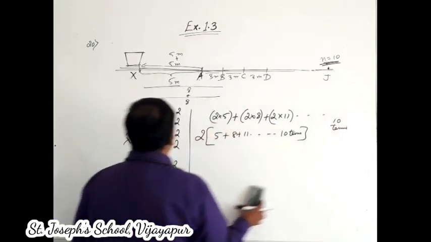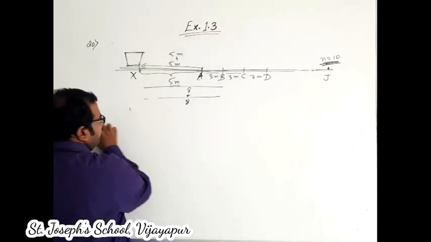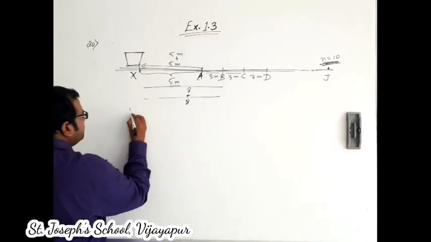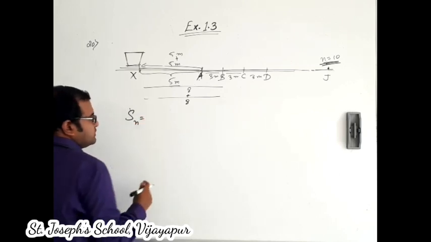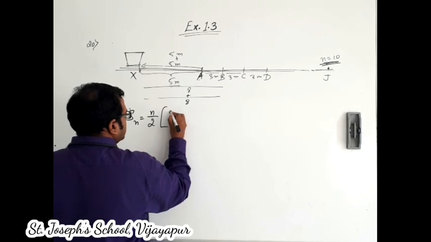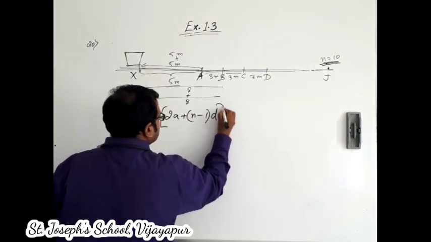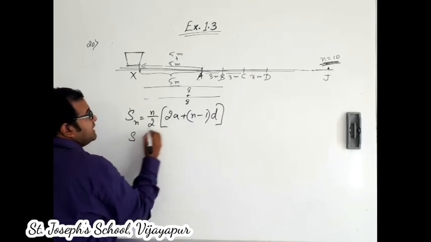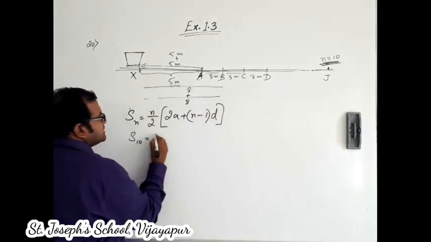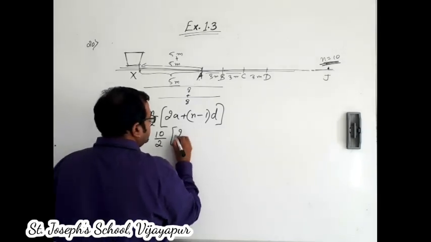Now let's get back to the Sn formula. Sn equals n upon 2 into 2a plus n minus 1 into d; I am using the long formula here. N is 10, so S10 is equal to 10 by 2 into 2 into a.